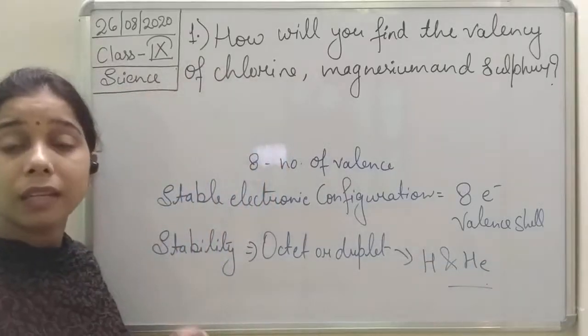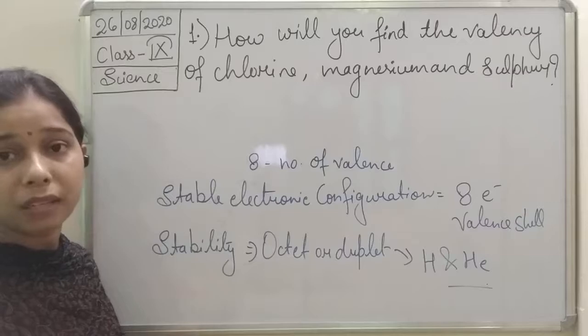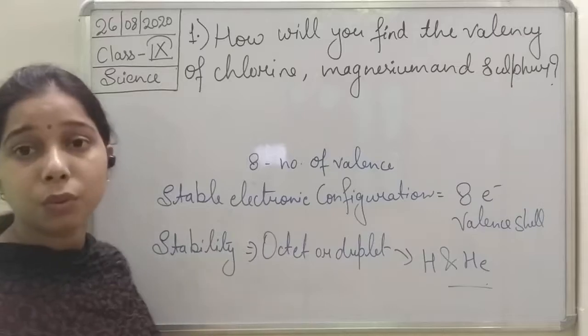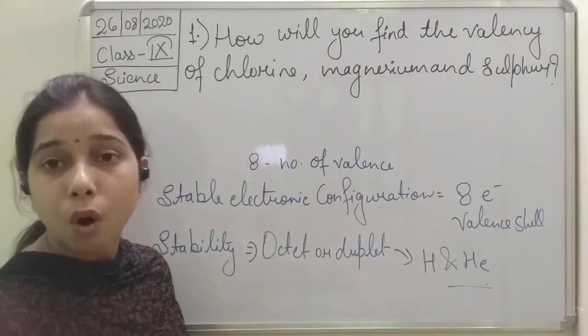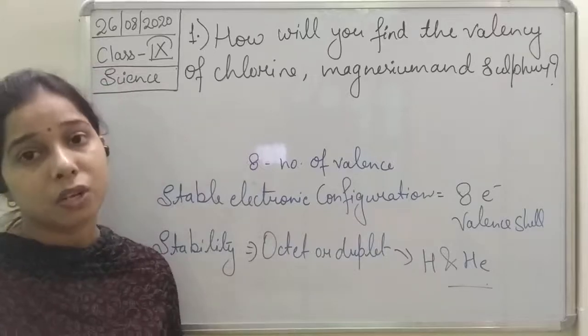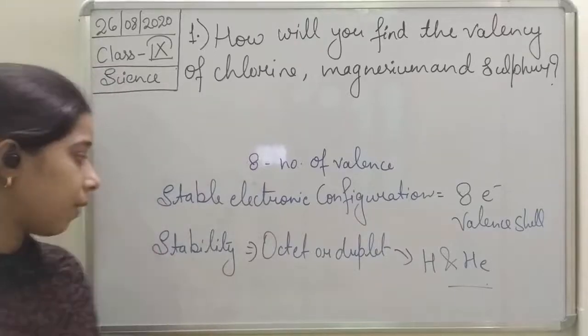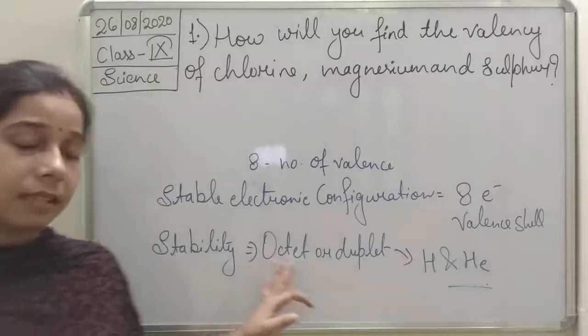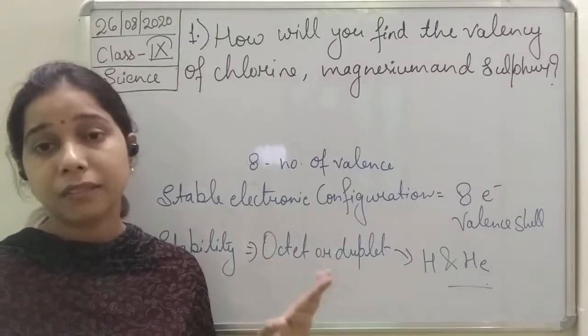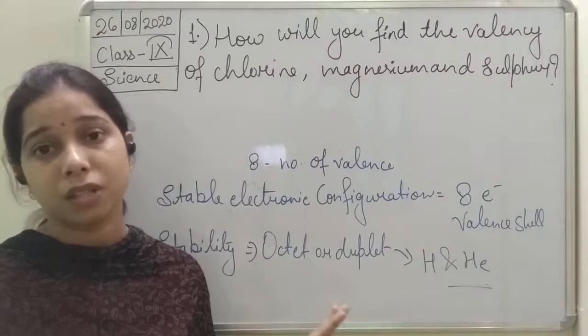Because in hydrogen and helium, the electrons are present only in the K shell, and we know that the K shell can accommodate a maximum of 2 electrons. That is why we can say that the stability of an atom is defined by whether it has completed its octet or duplet.